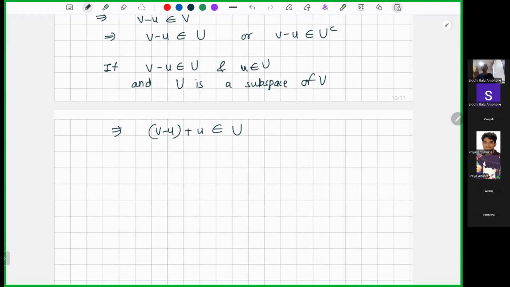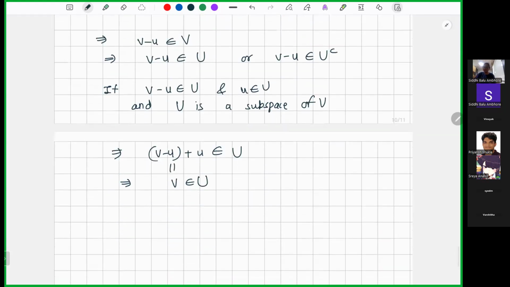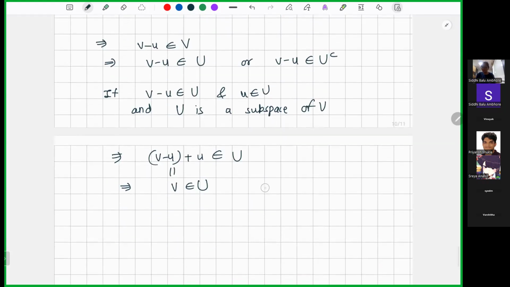Any doubt here so far? So what is this? This is my v, and this implies that v belongs to U. But that's not true, right? This is a contradiction.